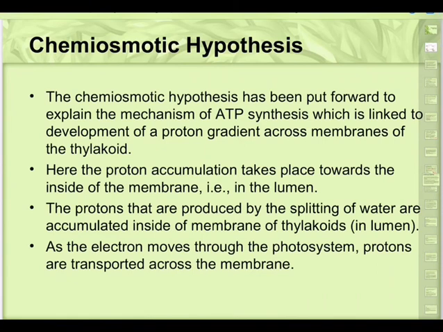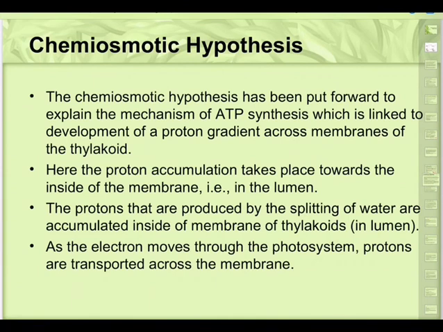This hypothesis explains the relationship between the potential energy present within the concentration gradient of ions. Of course, here we will be talking about H plus ions. Remember, during splitting of water, H2O, as I explained last session, H plus and OH minus will be formed.